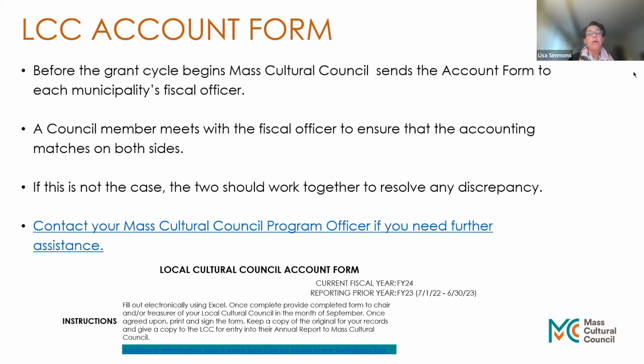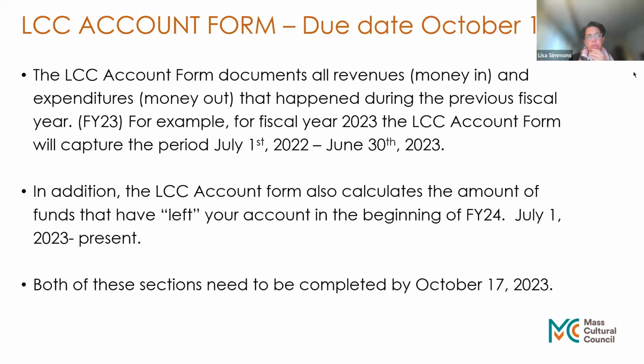If for some reason you don't agree, then you should all get together and come to some sort of resolution about what's in the account. This is a little bit of a look at what the account form looks like, but we'll take another look at it when we're going through the tutorial.